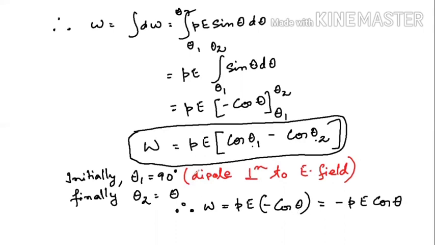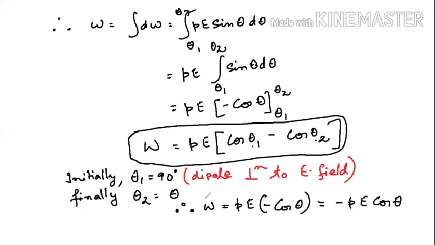Remember that this is the case when your dipole initially was in a perpendicular position to the electric field, and then it is rotating to a certain angle theta. For such a case, the work done expression is nothing but minus pE cos theta. So this is the amount of work done.